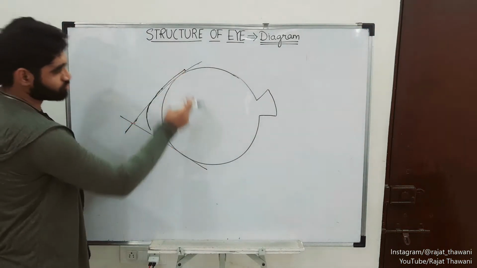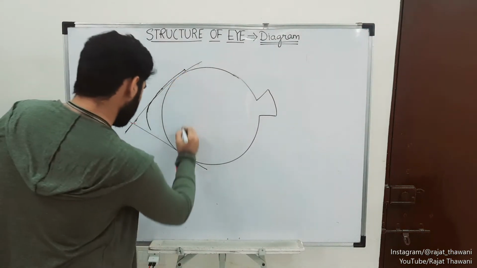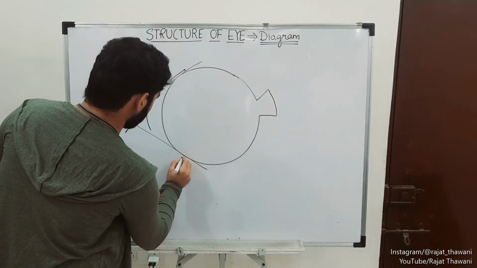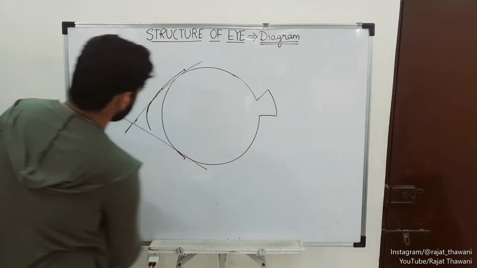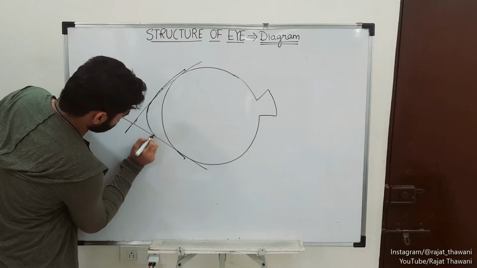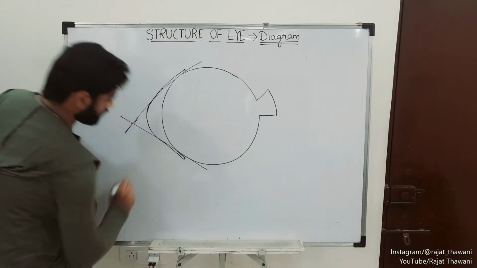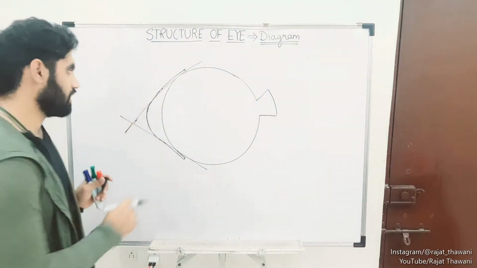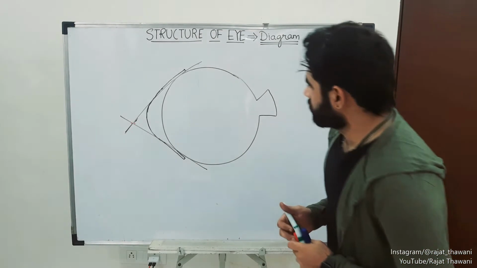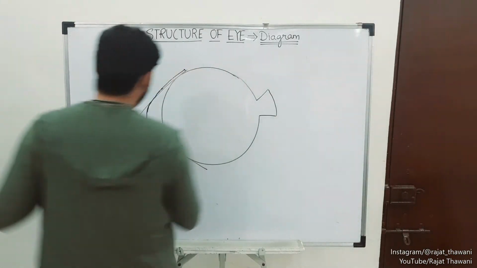The same thing has to be done here at the parallel point. Just draw a straight line, see the parallel point, and accordingly make the cut. So this makes the forward portion of the eye. Now, once this is made, you can erase the tangent, which will avoid confusion.